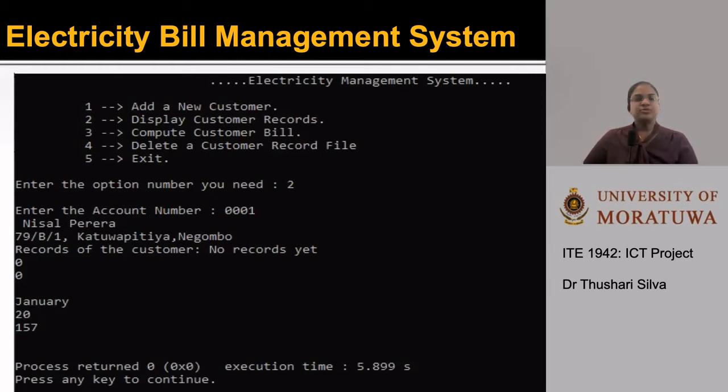Now think about another option that you can work with. If you press number 2, you will be able to display customer records. The customer we have just added, 0001, Misal Pereira, and the records associated with that customer will be displayed under this option.